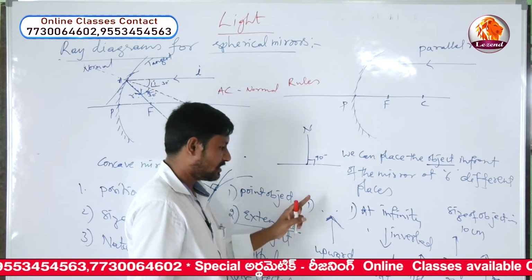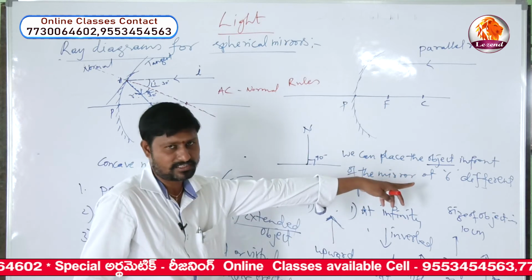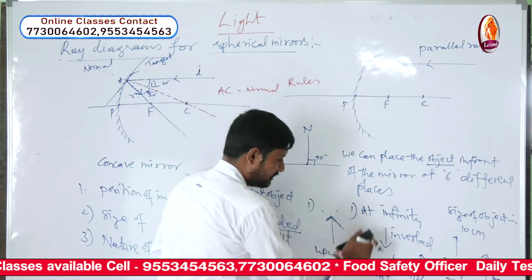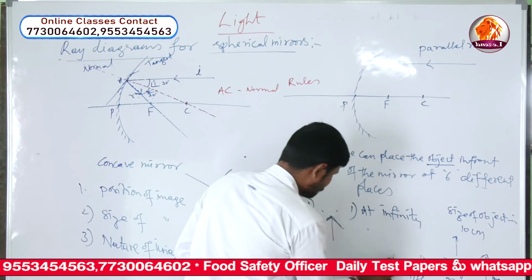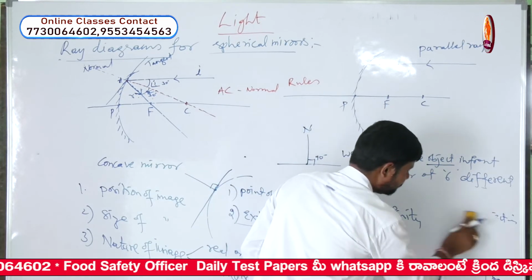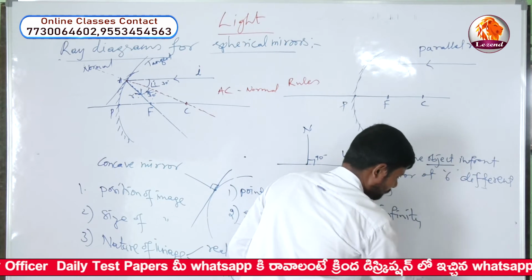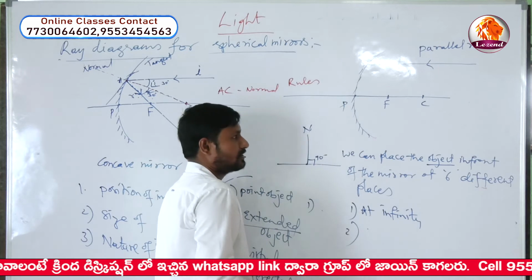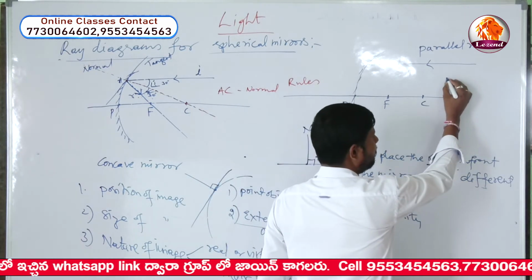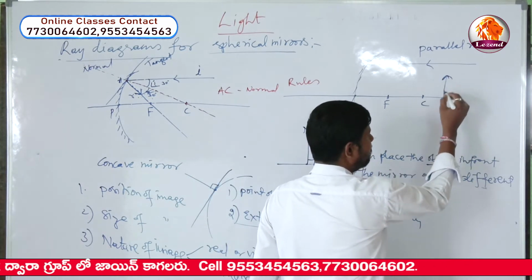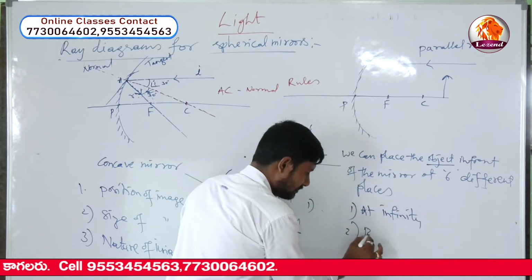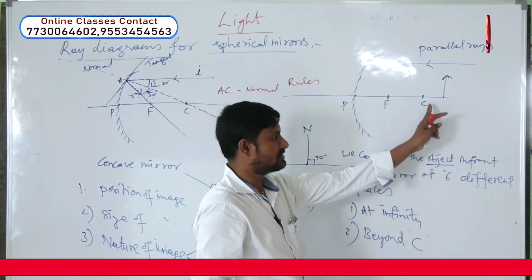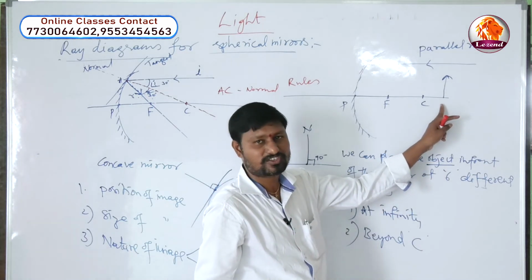But at how many places can we place the object? I told you six different places. One of the positions I told you is infinity. Let us see the remaining positions now. Number 2, the object is placed here, which means the object is placed beyond C, beyond the center of curvature.